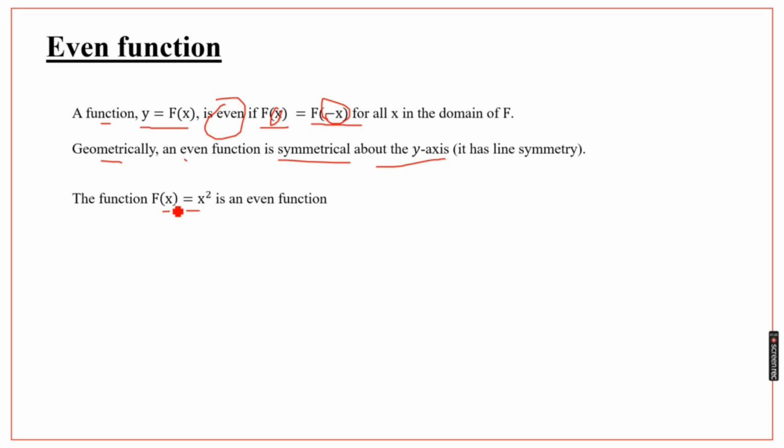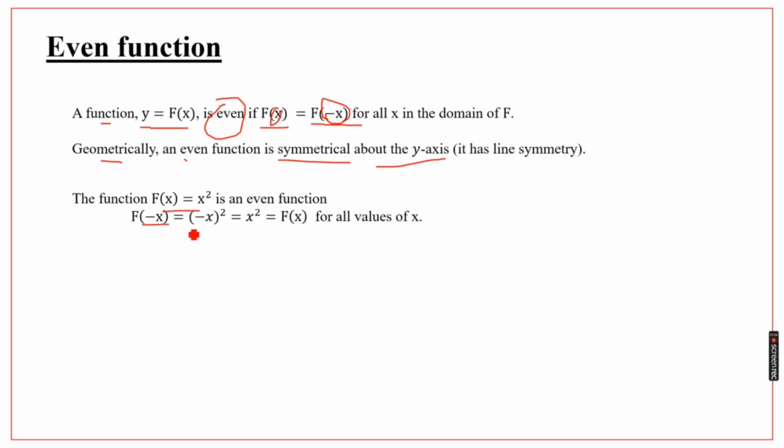For positive and negative numbers there will not be different values. When we take -1, -2, and 2, there is no difference between the ranges or the outputs, which makes it an even function.